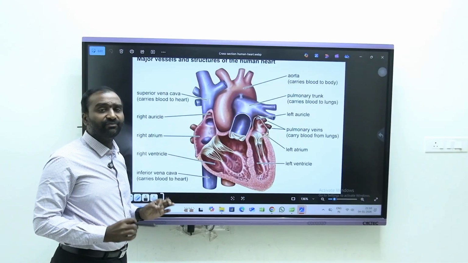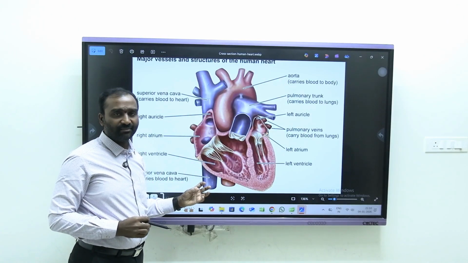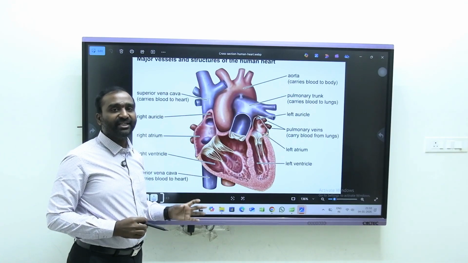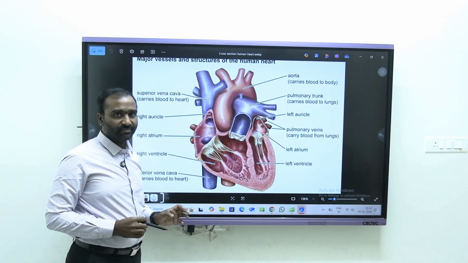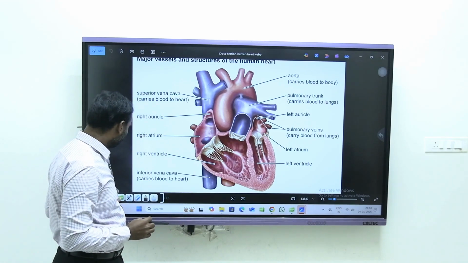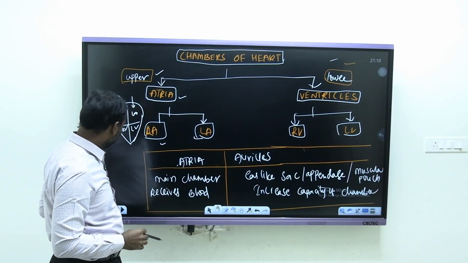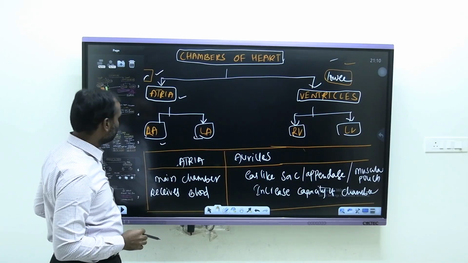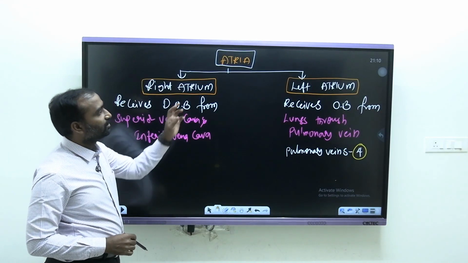Simply, from where is the heart receiving the blood? The heart receives the blood through the vena cavas, which are the largest vessels. Next, the difference between the right atrium and left atrium.